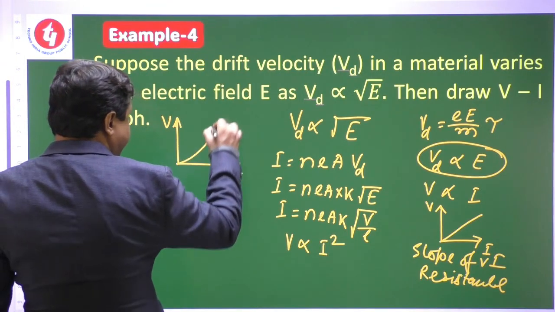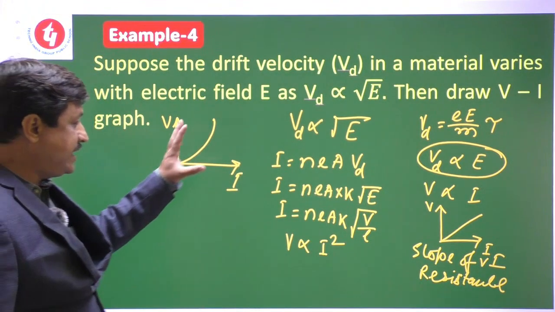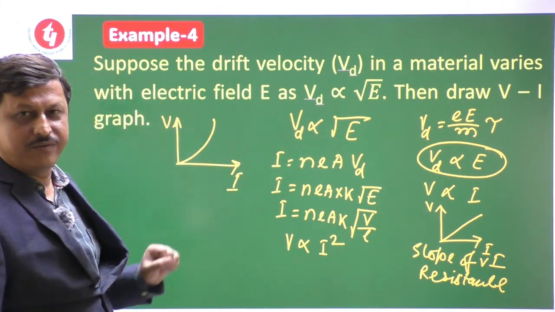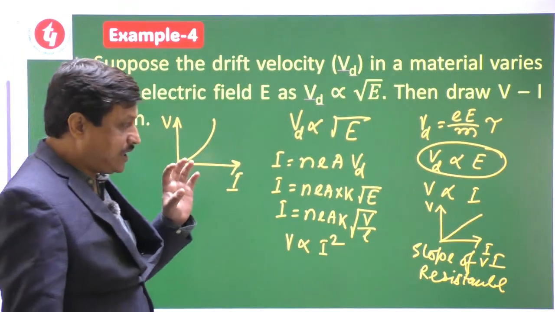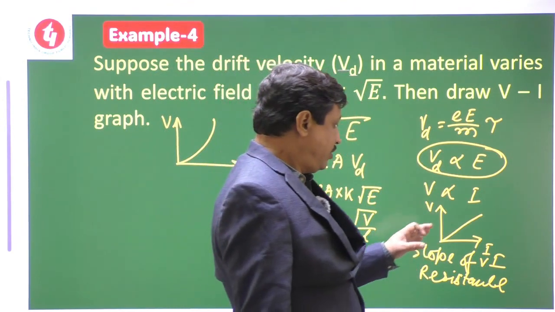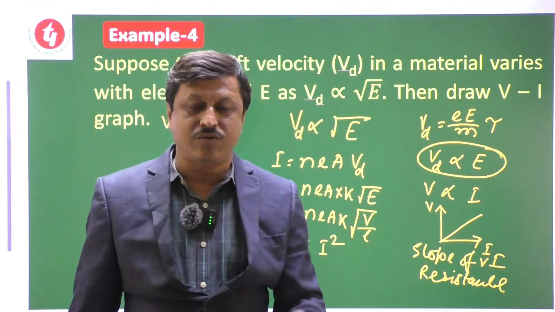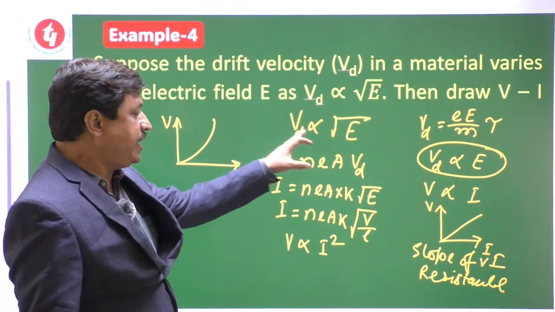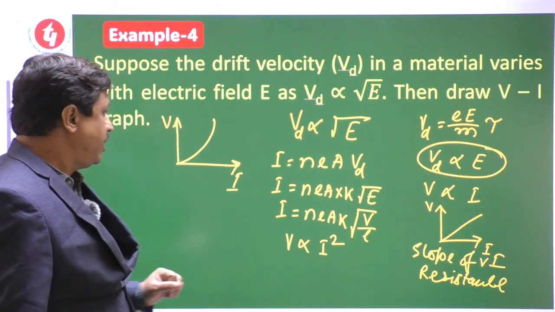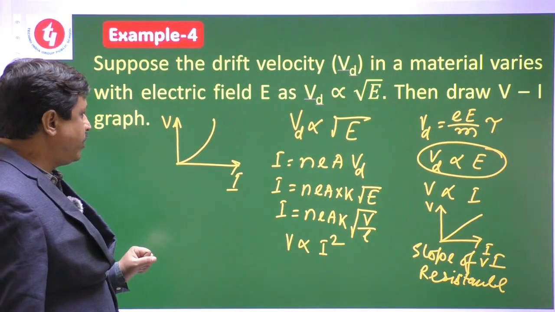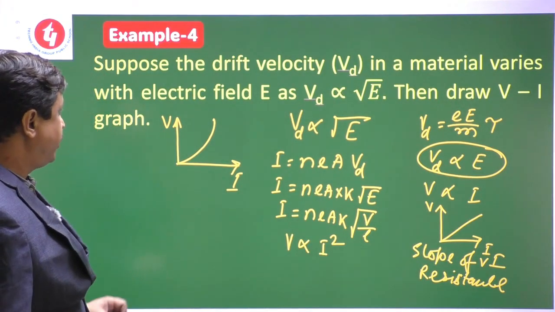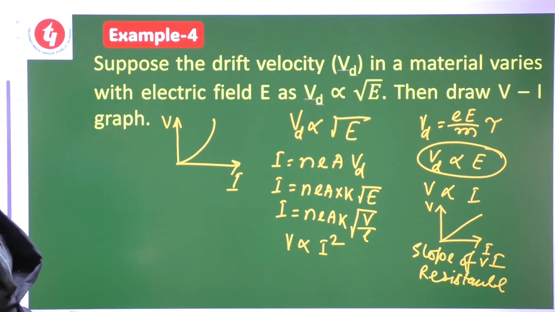In the general case, Vd is directly proportional to E, so the VI graph is a straight line through the origin. But when Vd is directly proportional to root E, the VI graph is a parabola whose axis is directed towards V, because the power of V is 1. So this is the pattern of the VI graph.